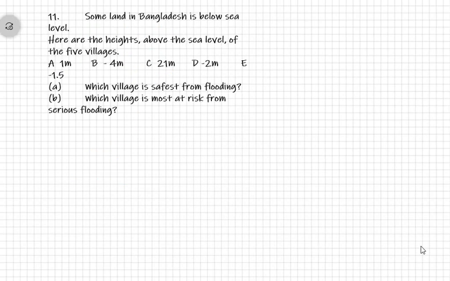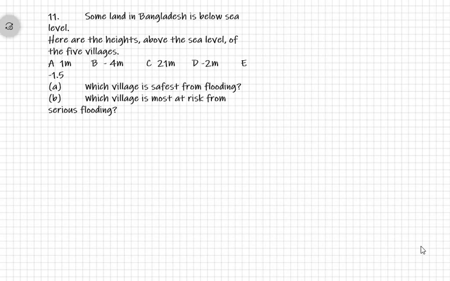So question number 11, some land in Bangladesh is below sea level. Here are the heights above the sea level of the 5 villages. A is 1 meter, B is minus 4 meter, C is 21 meter, D is minus 2 meter, and E is minus 1.5 meter. Which village is safest from flooding?